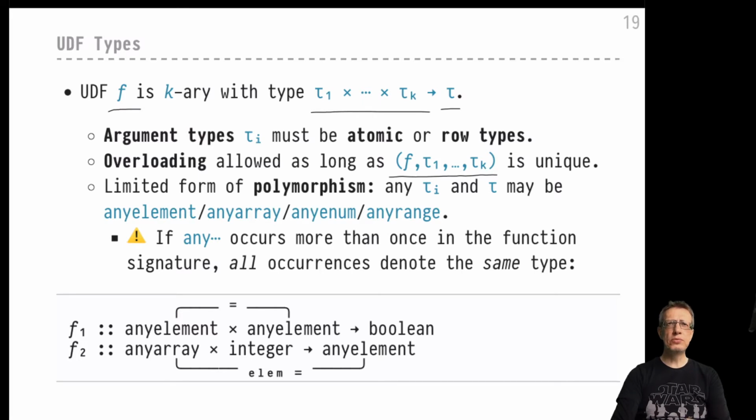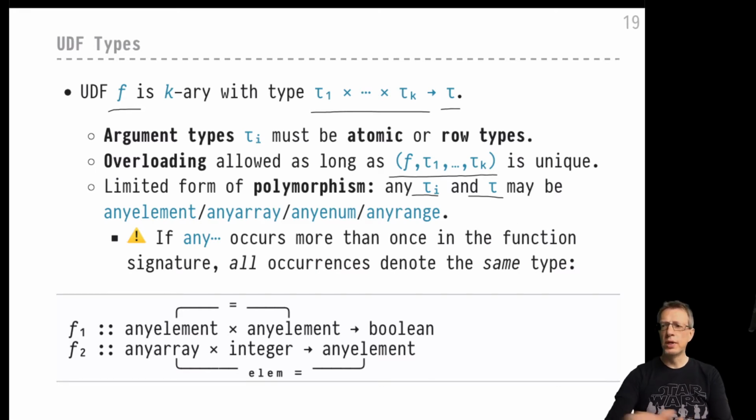There's even a limited form of polymorphism. So a limited form of using type variables, in a sense, in the place of the argument types and also of the return type. But this is really a limited form of polymorphism. We don't have true type variables in the type system of PostgreSQL.